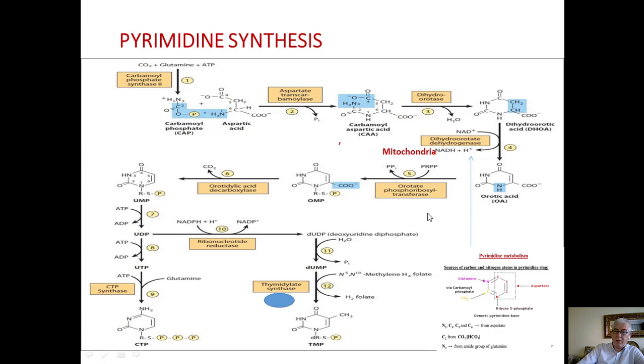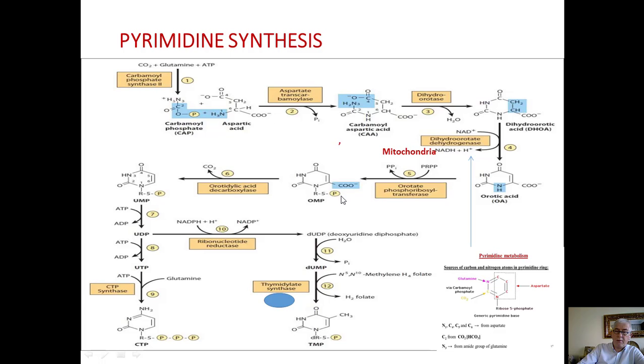After that comes a phosphoribosyl transferase enzyme. You remember these reactions, like hypoxanthine guanine phosphoribosyl transferase. Orotate phosphoribosyl transferase transfers ribose and phosphate group to orotic acid and produces OMP.